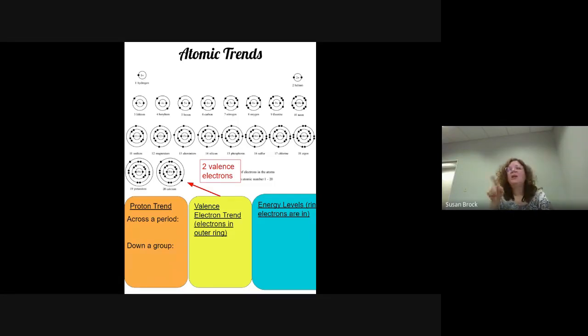They don't circle in these concentric rings, these circles, all right? But what was true about the Bohr model is that different electrons have different energies, and that's what these rings show: the electrons closer to the nucleus have less energy than the ones farther out from the nucleus.